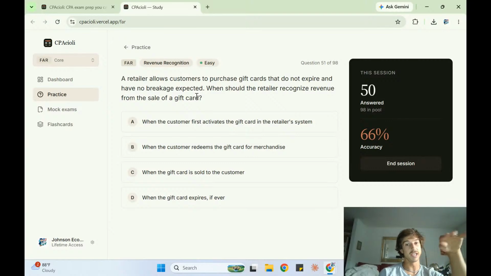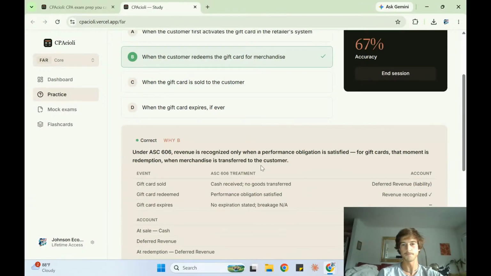So it shouldn't be A. Should be B. When the gift card is sold or first activated, it would be deferred revenue, but it's recognized as revenue when they actually redeem, because that's when your services were provided. So it should be B. Okay, cool. Revenue is recognized only when the performance obligation is satisfied. For gift cards, that moment is redemption, when merchandise is transferred to the customer.